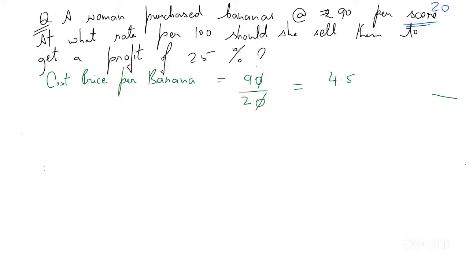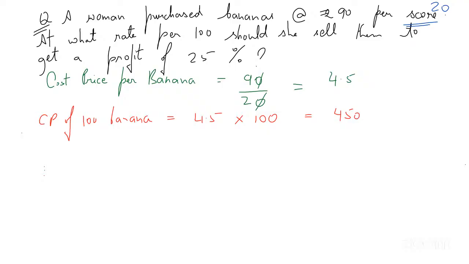Then multiply by 100, the cost price of 100 bananas: 4.5 into 100, which is 450.